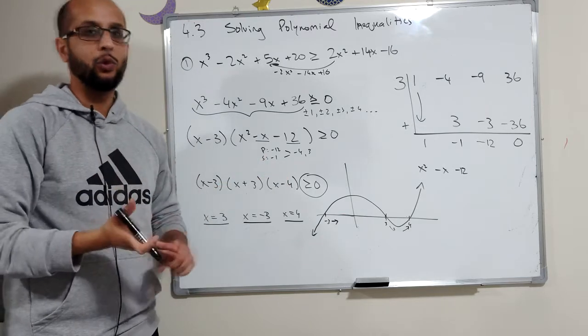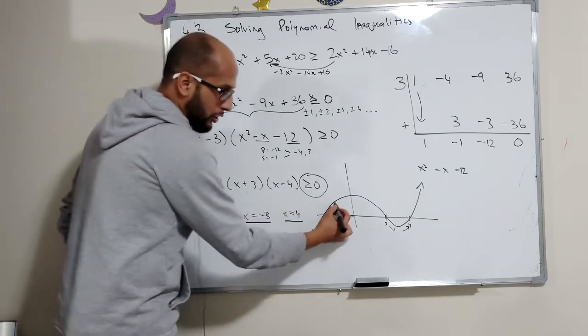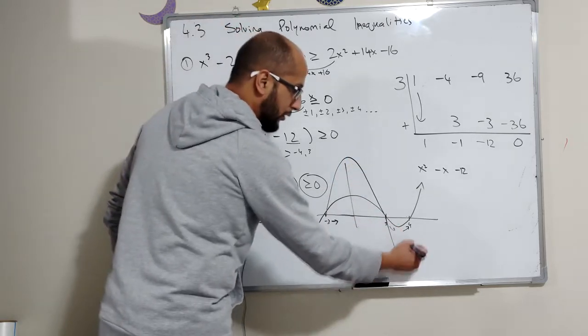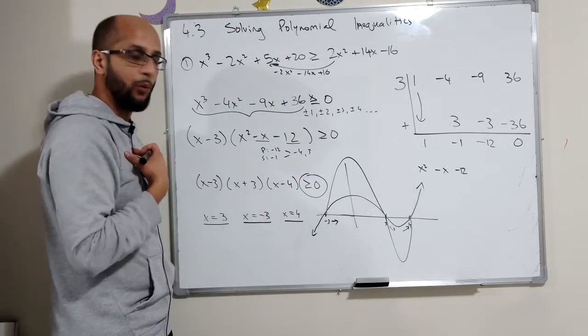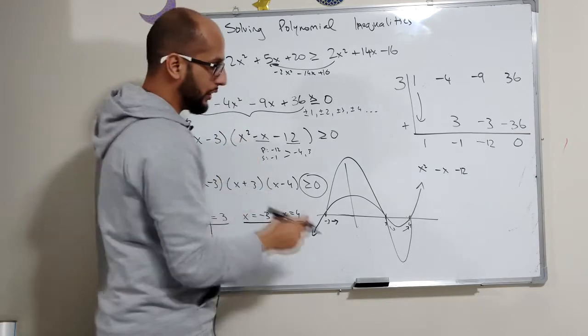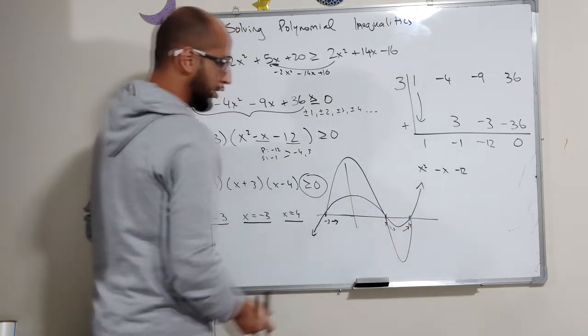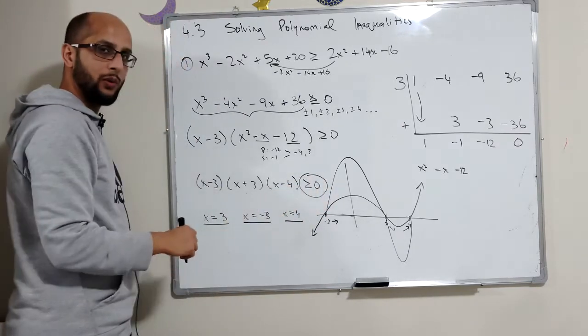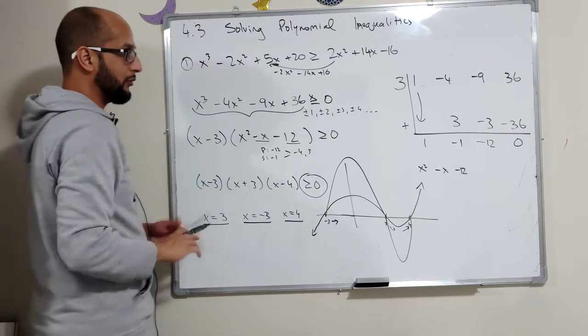Are they positive or negative? I'm not concerned with how high they go, if it goes up like this or down like that. It doesn't affect what we're looking for. All we want to know is, is it positive or negative? Because the inequality wants to find out when it is greater than or equal to 0. So now let's take a look at that.